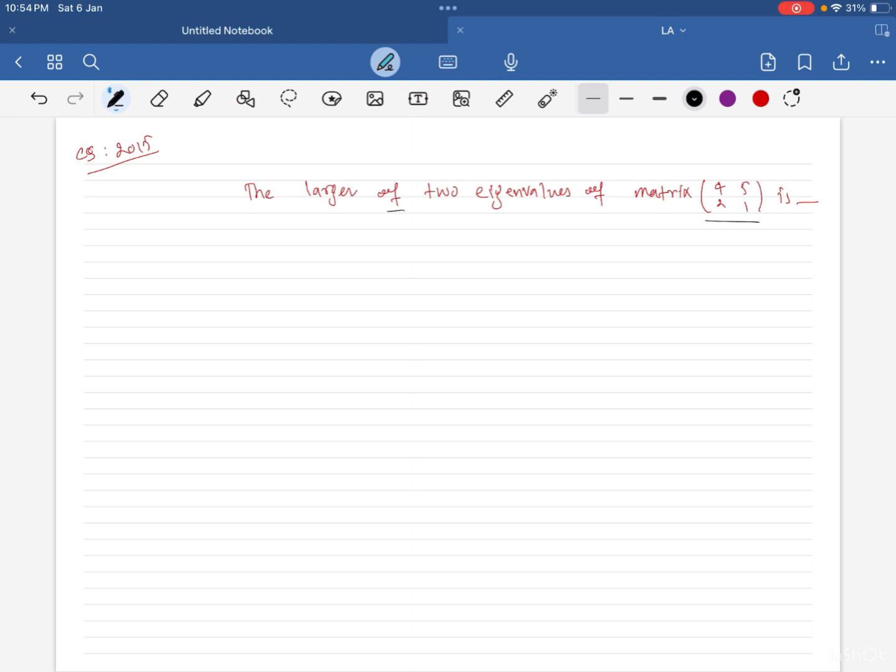We can write this as lambda square minus 5 lambda minus 6 is equal to 0, and we can factor it out: lambda minus 6 times lambda plus 1 is equal to 0. So from here we get lambda is equal to 6 and minus 1.